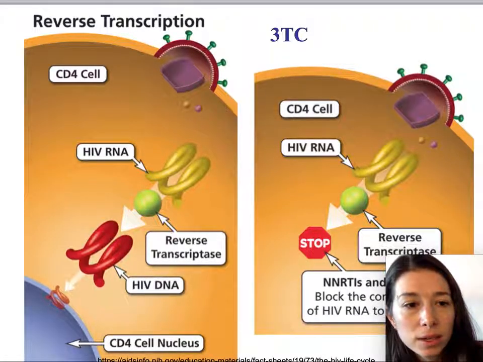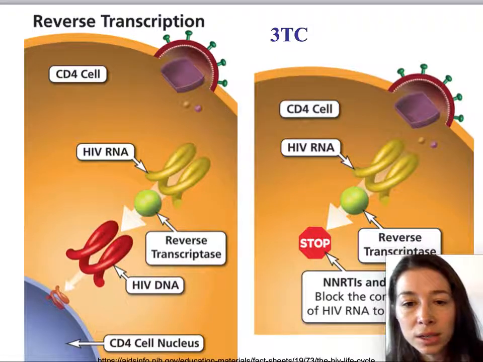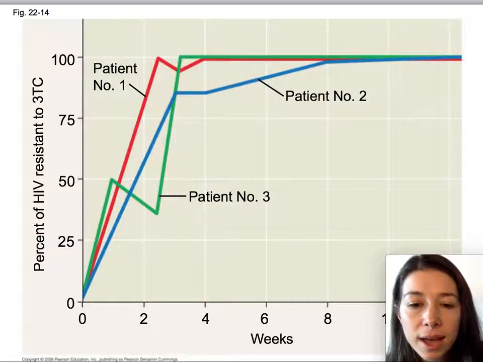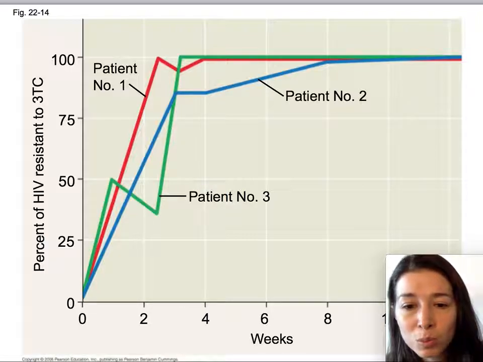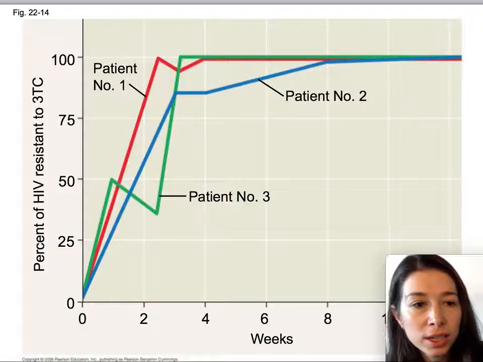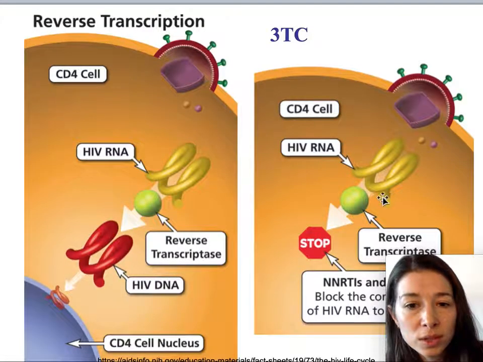And what's kind of scary and interesting at the same time is that the virus itself has evolved to be resistant to that drug. So what that means is, at some point, there was some mutation in the virus such that the drug would not block it anymore. So it's a mutation in this protein right here that the drug acts on.